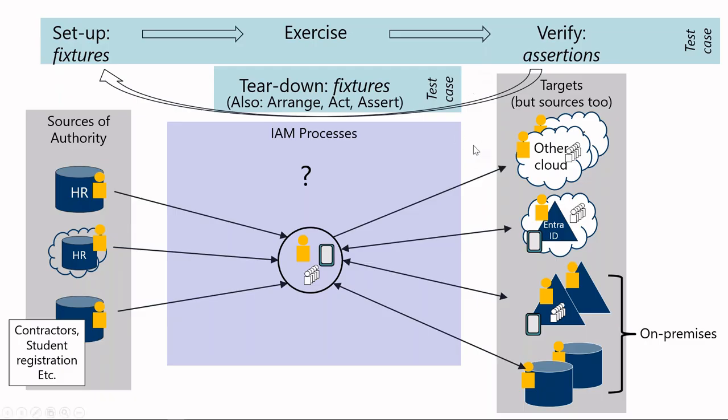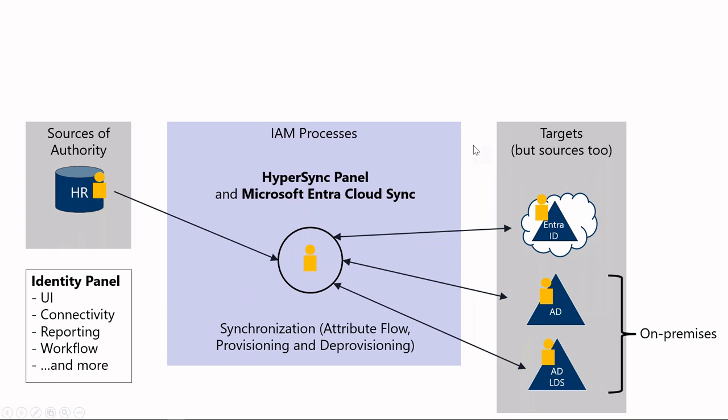Okay, I'm now going to bring it down to the actual demo that I can show you. And for this, I've got simply one source of authority, which I hope is representative, and I have 3 target systems. What I'm using in the middle as my identity and access management technology shouldn't be surprising. It's HyperSync Panel, because that's part of the suite that I'm playing with.